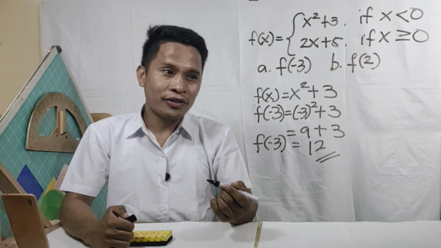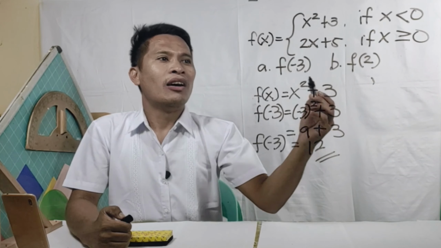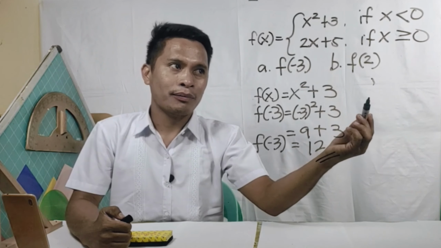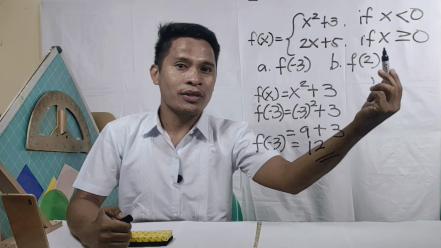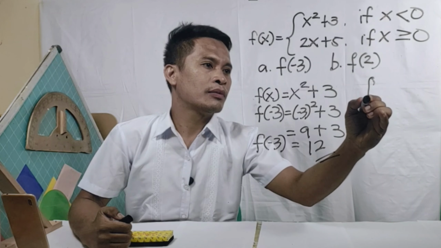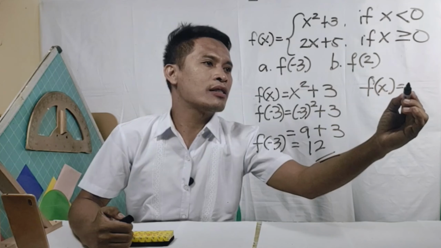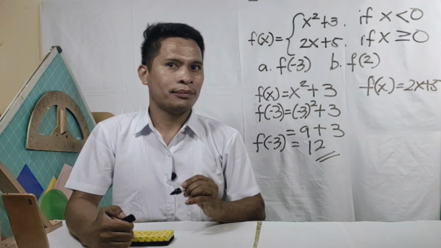Let's have the solution for letter B. We will use the second line of the piecewise function, 2x plus 5, because 2 is greater than or equal to 0. F of x equals 2x plus 5.